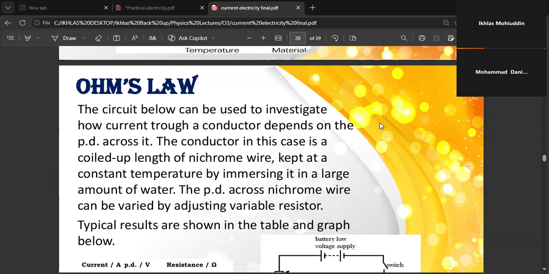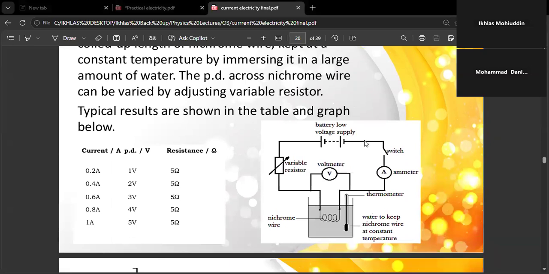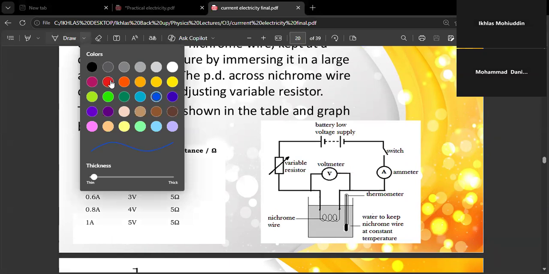You can see a circuit diagram here in which we have different components connected with each other.